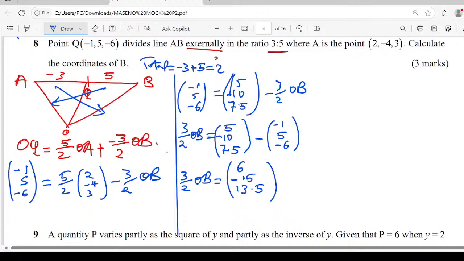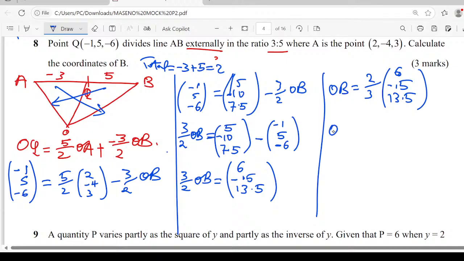So to get OB, I need now to remove this 3 over 2, meaning I need to multiply through by the reciprocal. So OB will be multiplying through by 2 over 3 of what I'm left with here. That is 6, negative 15, then 13.5.